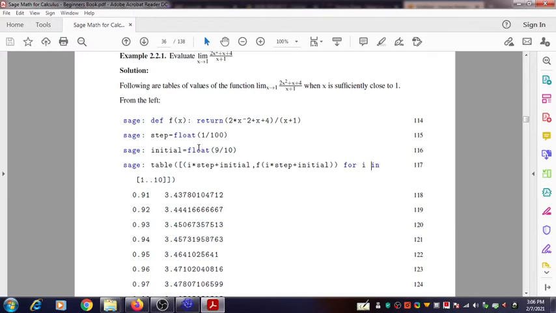In this case, in order to get an idea of the lower limit, we have taken a starting x value much lower than the point x equal to 1, where we wanted to find the limit. That point is 0.91.